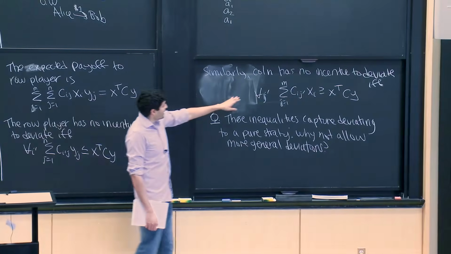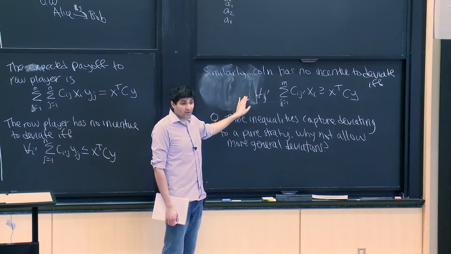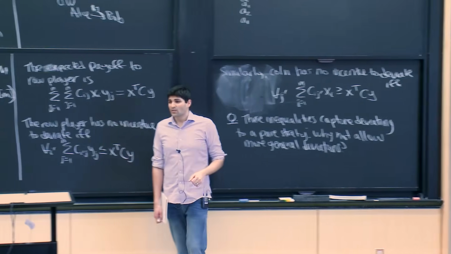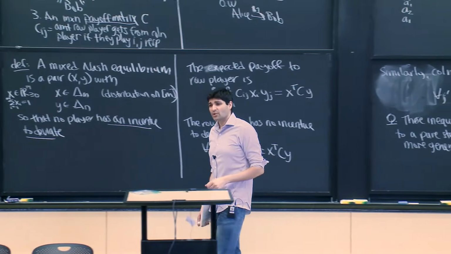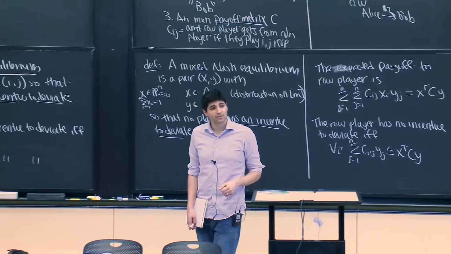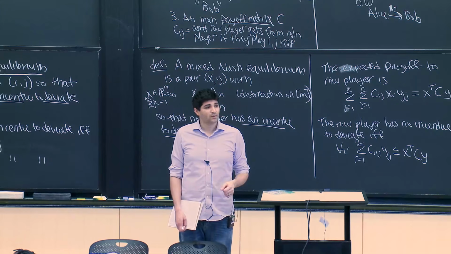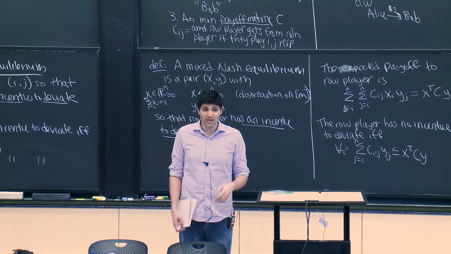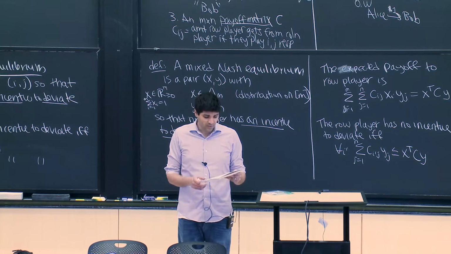Bob's notion of deviation was deviating from a randomized strategy Y to a deterministic strategy j prime. So why didn't I consider deviations to randomized strategies? This is an important concept, and we'll see it a few times in the lecture. Anyone have any intuition?